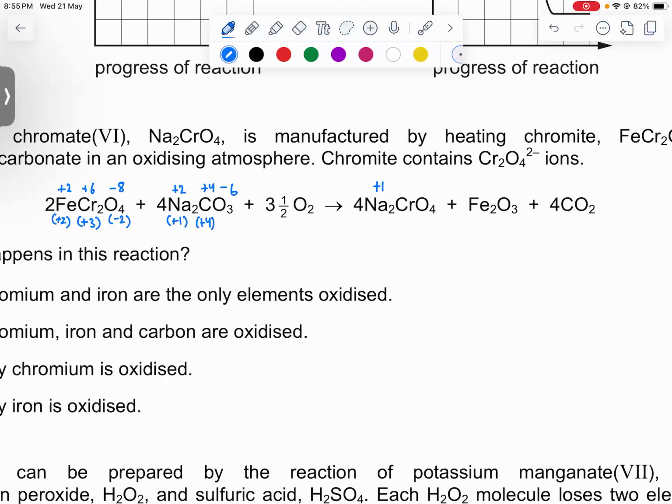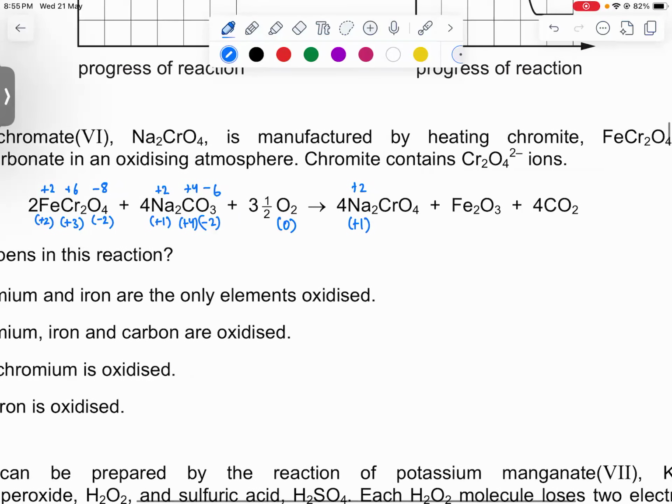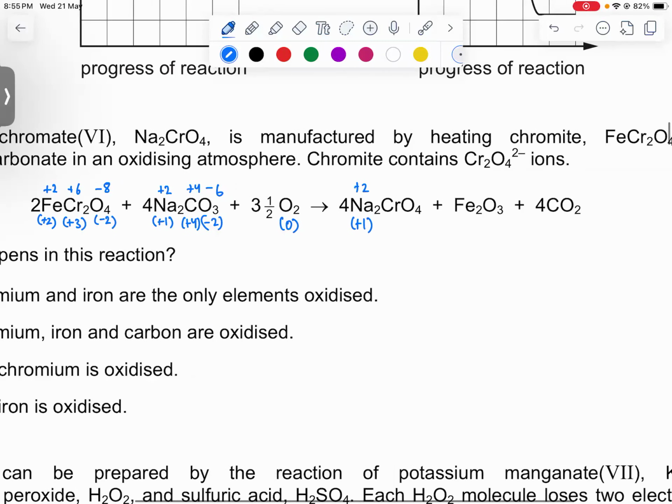Carbon is +4 over here. Oxygen is -2 over here as well. Over here oxygen is 0 because it's a diatomic molecule. Each sodium over here will also be +1, so a total of +2 will be provided, because each one of them is just +1.